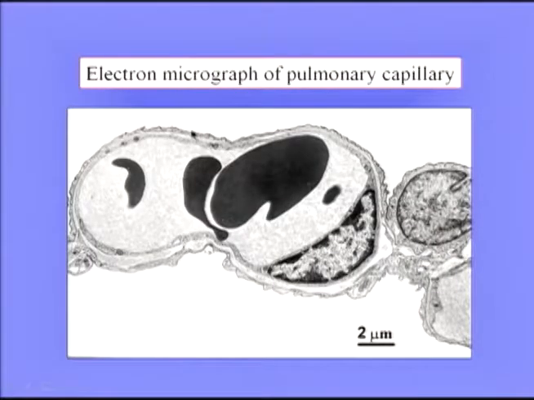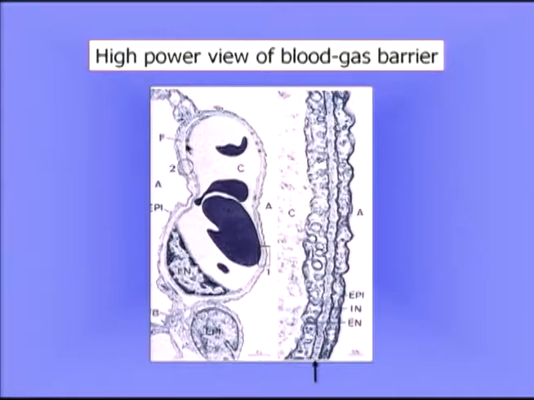Here we have an electron micrograph of a pulmonary capillary that we've seen now a number of times before, just to remind you of the extremely thin blood-gas barrier on one side. And here's an electron micrograph showing a very high power view of just a portion of the barrier. This little portion here has been blown up. And what's interesting about the blood-gas barrier is that in the extracellular matrix, between the epithelium and the endothelium, you have an extremely thin layer of type 4 collagen, indicated by the arrow here.